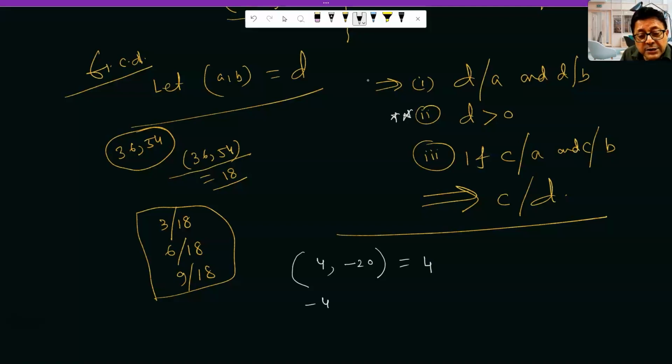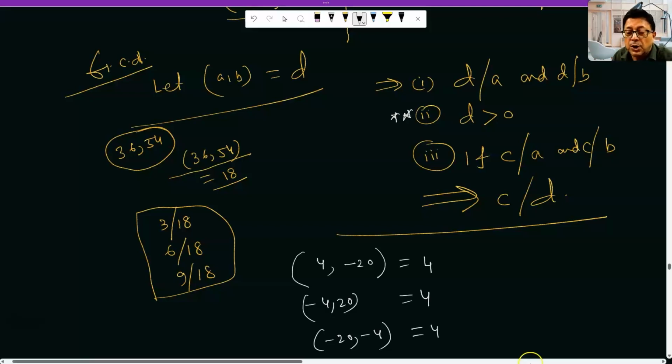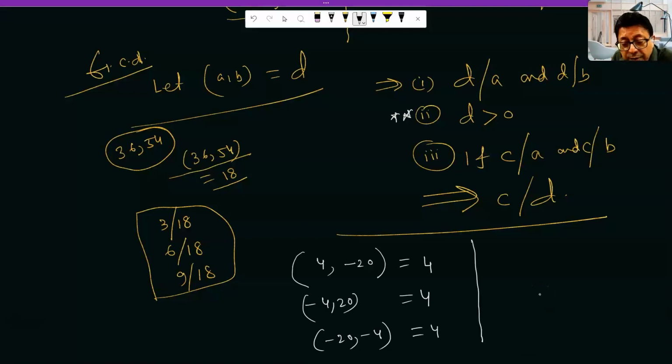If we take minus 4 and 20, then also it is 4. If we take minus 20 and minus 4, then also it is 4. So actually, when you are finding the GCD of minus A and minus B, it is nothing but the GCD of mod A and mod B. This simple concept you have to keep in your mind.